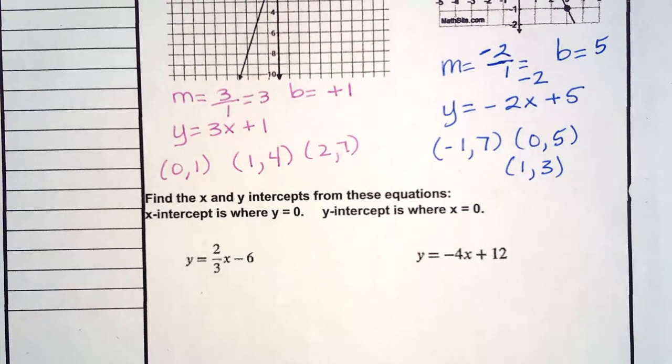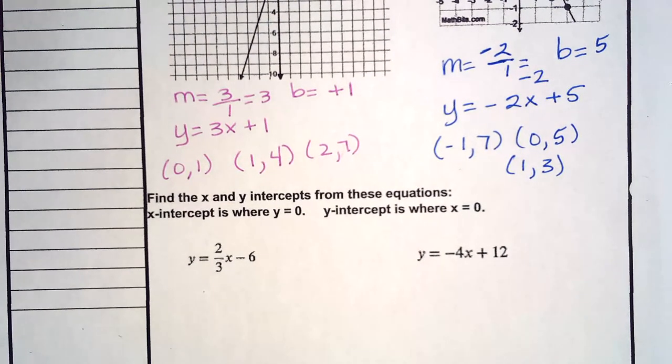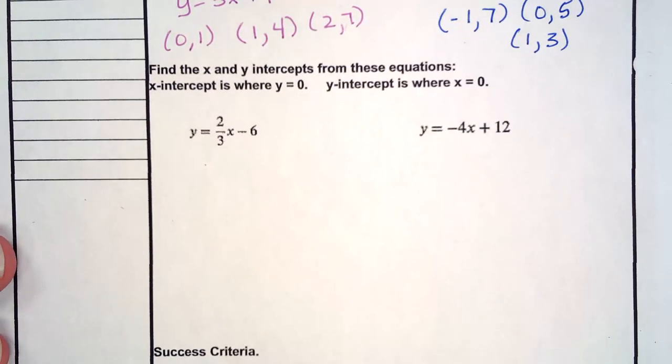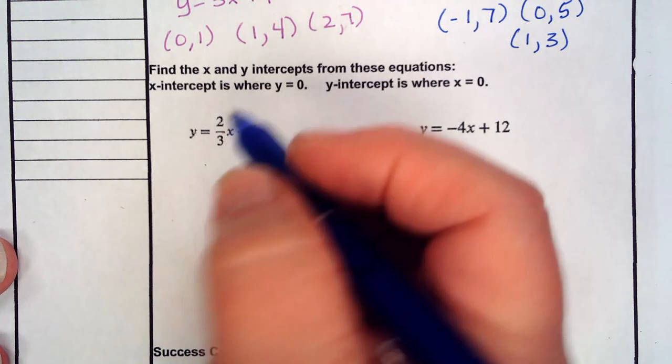Okay, the other thing we need to look at are our x and y intercepts. Your x-intercept is where y is equal to 0, and the y-intercept is where x is equal to 0. So how do we find them? By substitution.